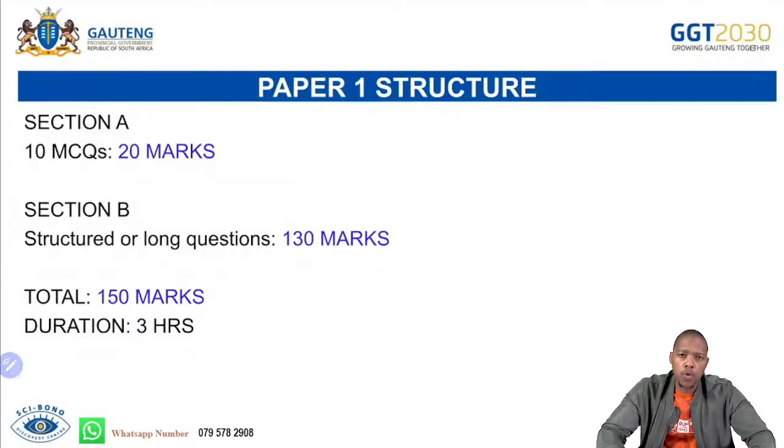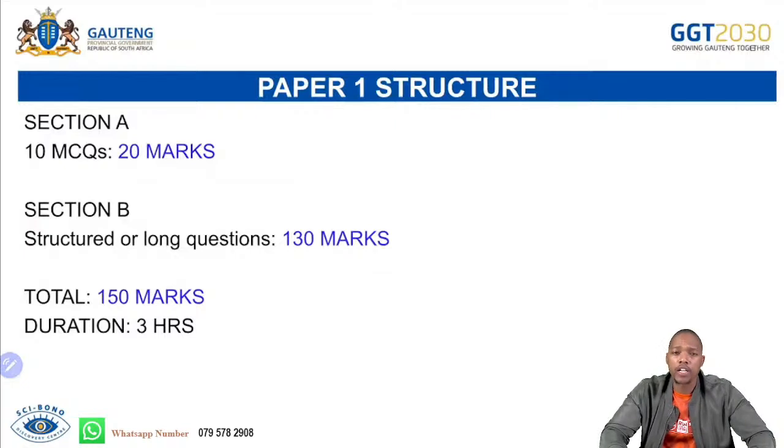We'll again go through the paper structure, because it's important that we understand which paper the topic we are doing comes from, and the structure of that paper. So our topic for today comes from paper 1 again. The structure of paper 1 is divided into two sections, like we said last week. Section A has 10 multiple choice questions most of the time.